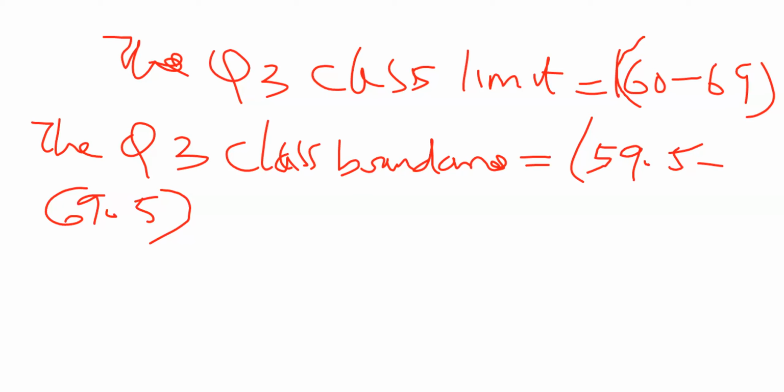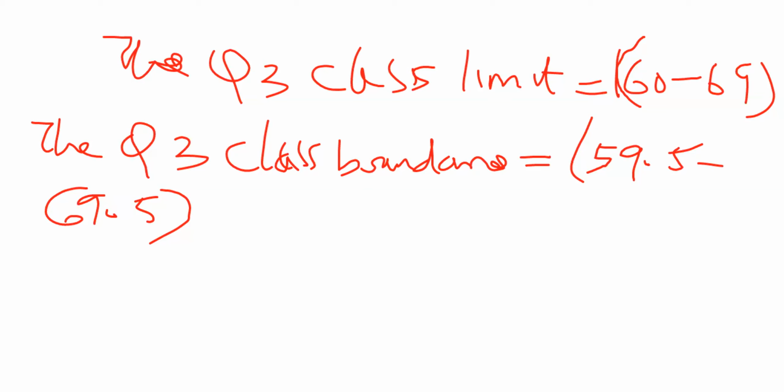So now, our lower class boundary as it relates to quantile 3 is 59.5. Our quantile 3 frequency is 22. The frequencies before Q3 are 1, 3, 7, 20, and 30.